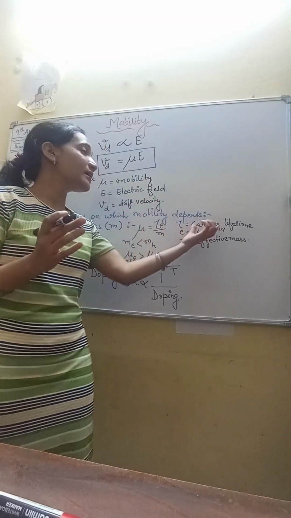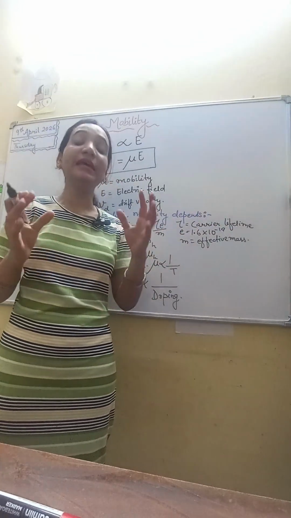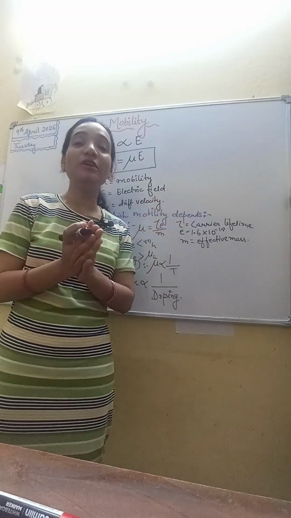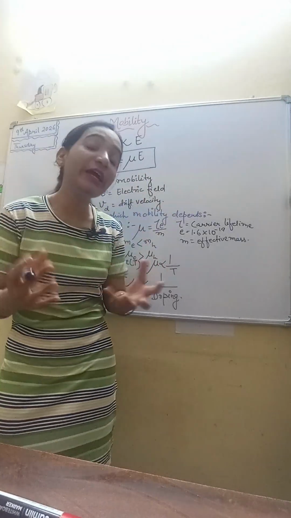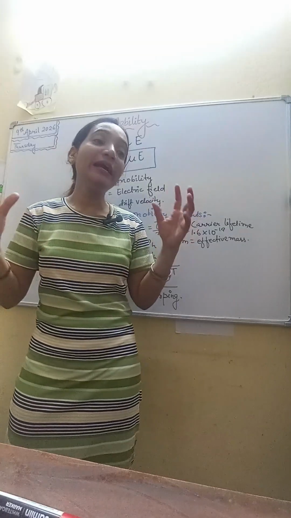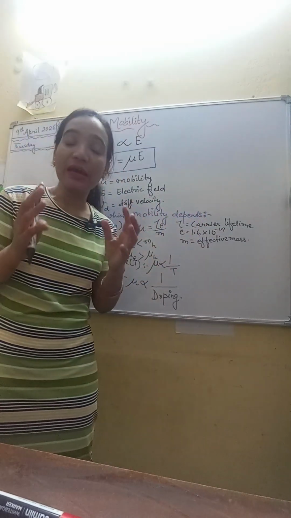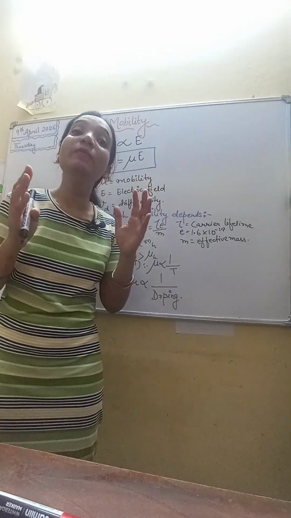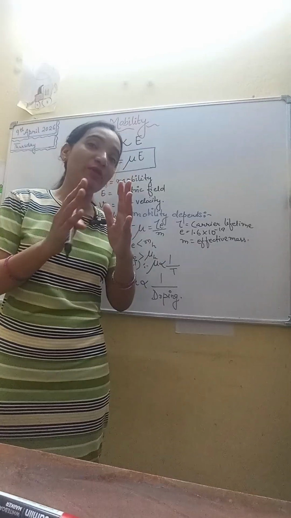Here the term is carrier lifetime. Carrier lifetime means after the first collision, how much free time the carriers get before the next collision. That collision time will be shortened.